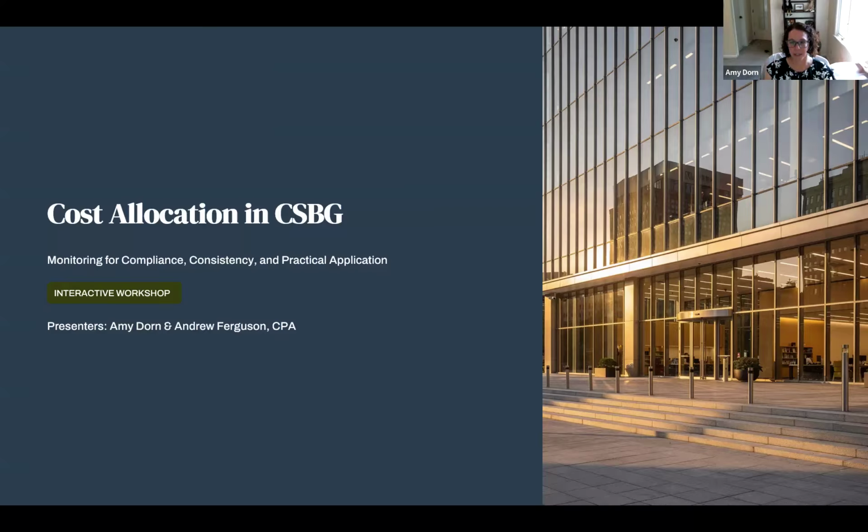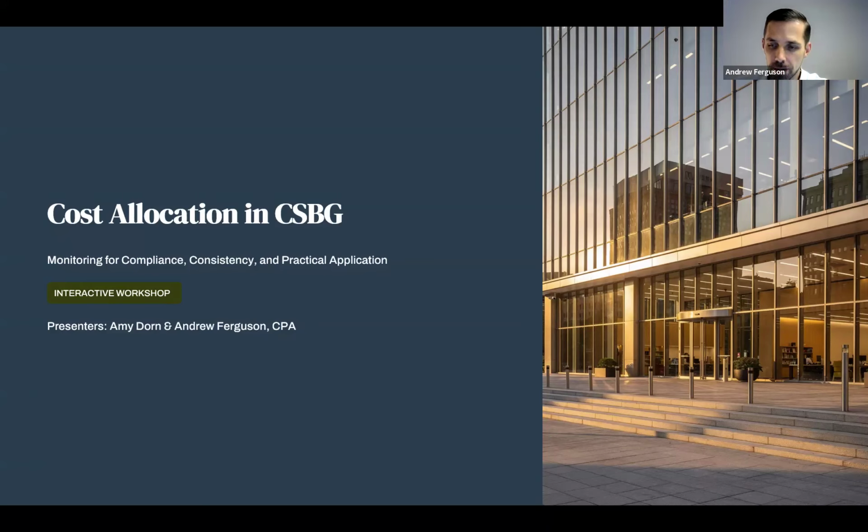For 5 years, I was the CFO at a community action agency in Florida. I really love community action, the mission, and what it does. I also really love compliance. I enjoy reading the uniform guidance, figuring things out and training people on it. So this is a perfect convergence of things for me.